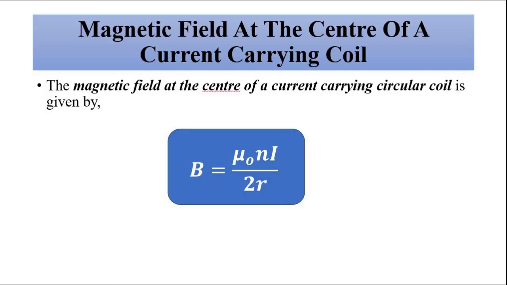So next is the magnetic field at the center of a current carrying coil.